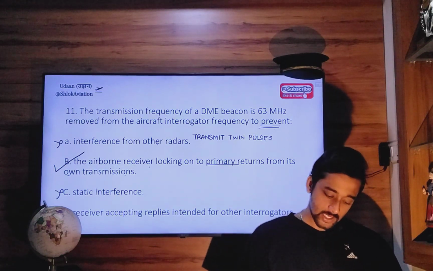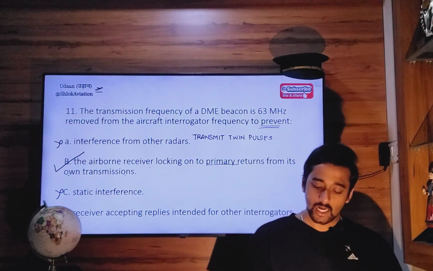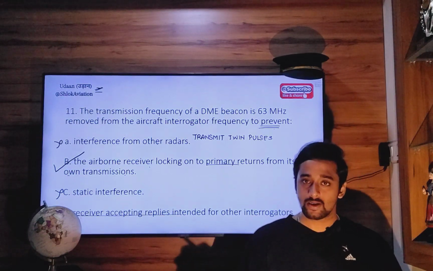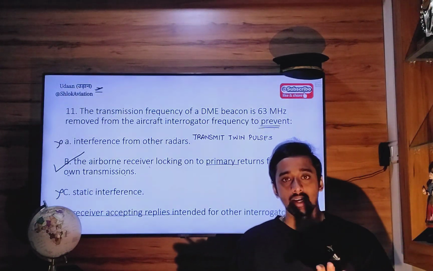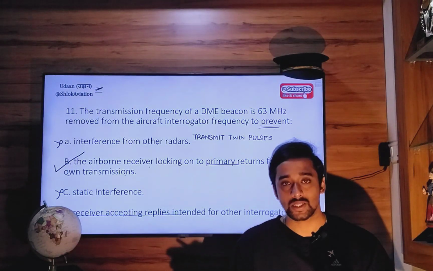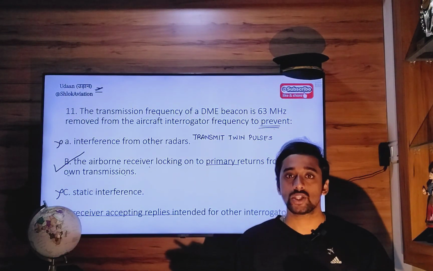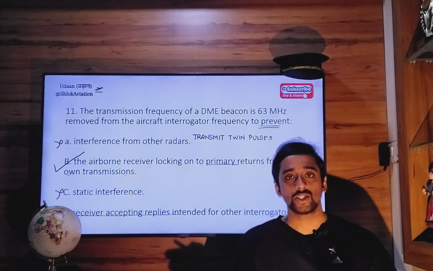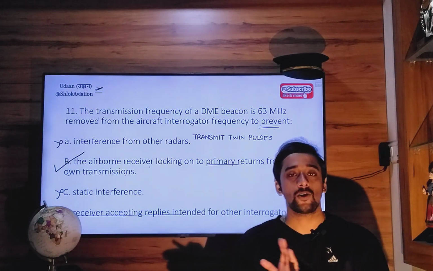Static interference, receiver accepting replies intended for other interrogators. Now, this is achieved as follows. The DME receiver in your aircraft will only accept those pulse pairs, reply pulses, which are made exclusively for itself. It will reject those pulse pairs which are meant for other aircraft.